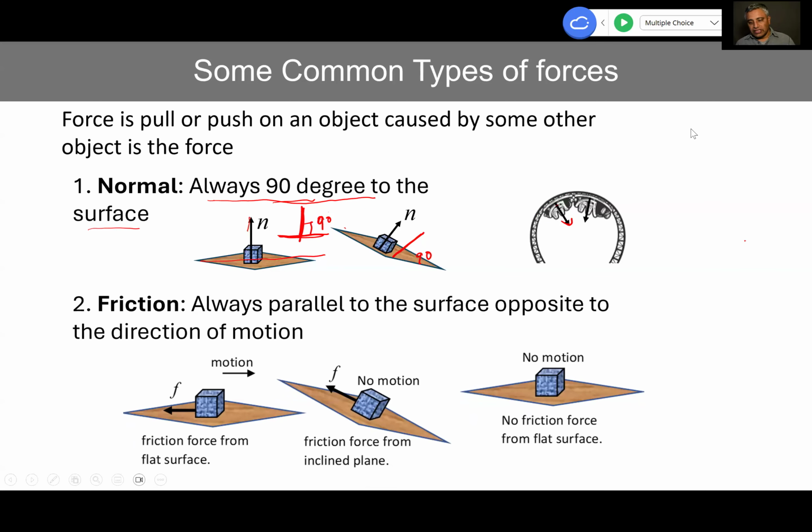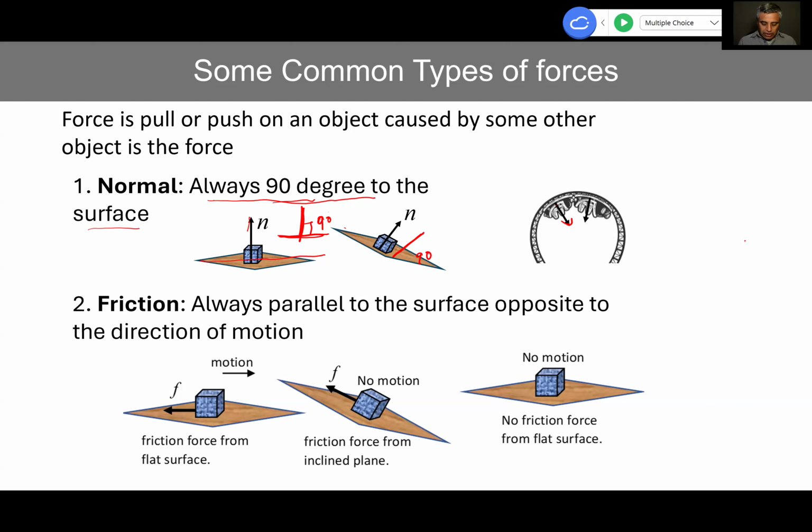So another force is friction. And I'm sure you've heard about friction, you use the word friction, right? So basically, it causes resistance to the motion. So that means it acts opposite to the motion when two objects are trying to, like one object is sliding over another one. So surface also comes into play here, okay?